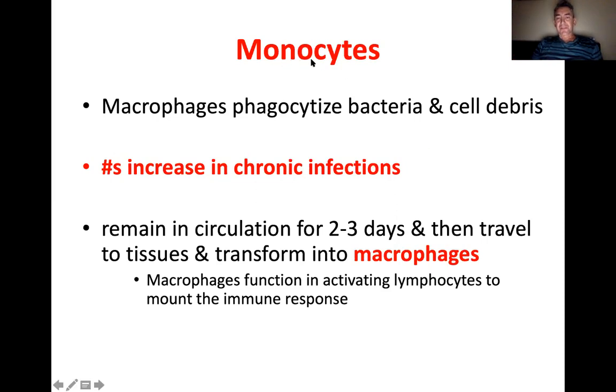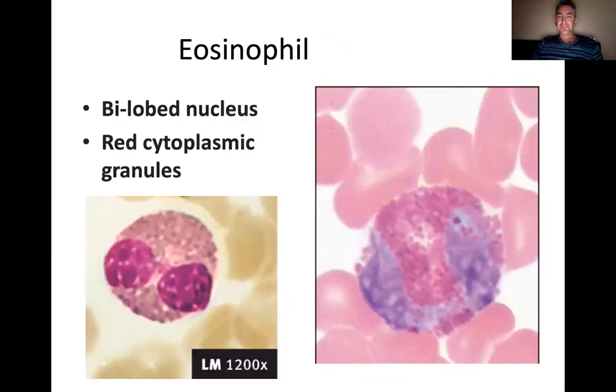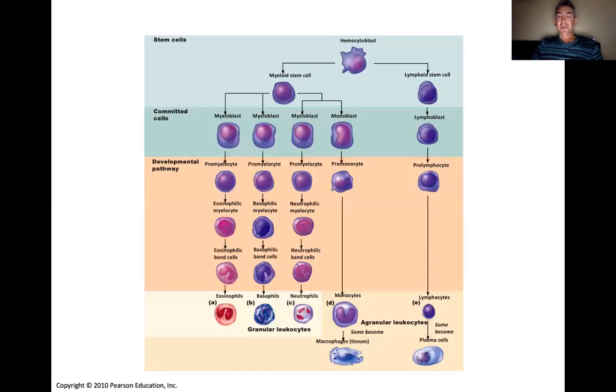Now, there's two terms here, monocytes and macrophages. They are basically the same thing. If I can backtrack here, you notice we form a monocyte, right? A monocyte is basically, how do I want to say this? Maybe you've been certified to do CPR, right? You have your little card.